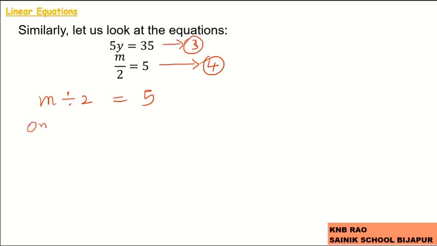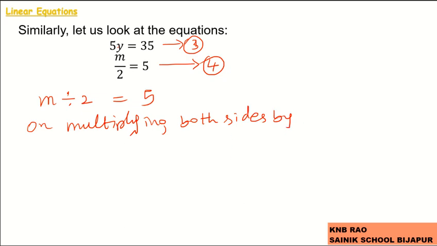So on multiplying both sides by, here the number which is dividing, that is the divisor, with the same number we will multiply. So with 2 only we will multiply. Now on multiplying, it looks like m by 2 into 2 equals 5 into 2.